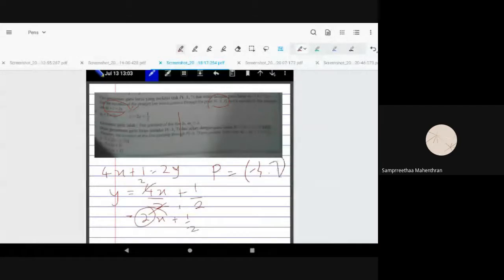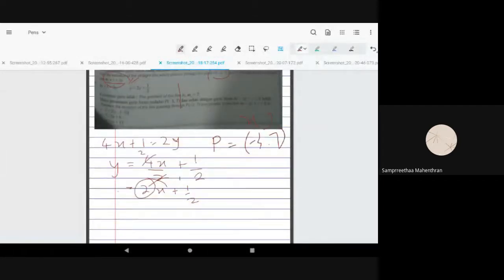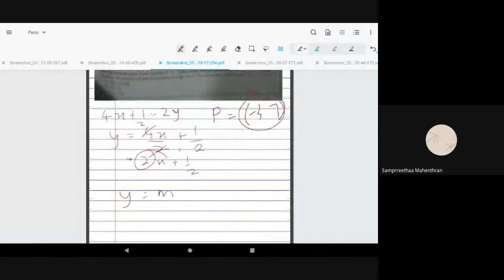So here is x, here is y. So we can substitute this point into y = mx + c to find our c. We already have m from the second line, the gradient, which is 2. Then we substitute y is 7, x is negative 3. So 7 equals 2 times negative 3 plus c.